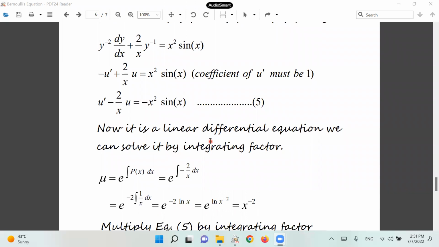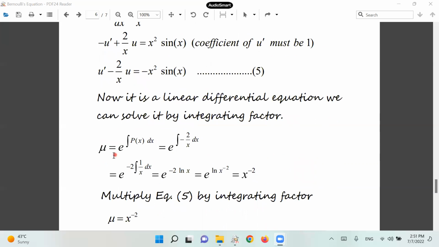Now this is a linear differential equation, and we can solve it by the integrating factor. So the integrating factor is mu equals e power integration of p of x dx. Here p of x is 2 over x with a negative sign, so p of x is minus 2 over x.